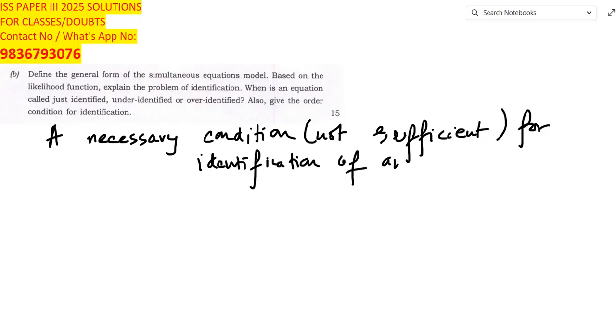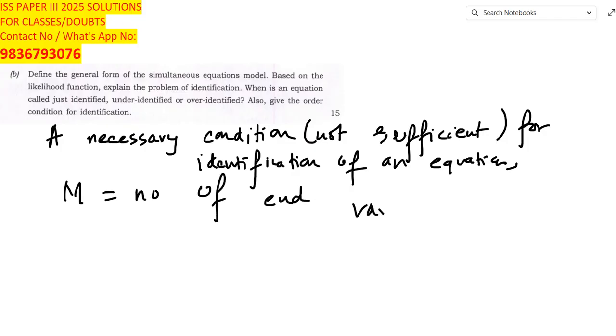So let m be the number of endogenous variables in the system first.